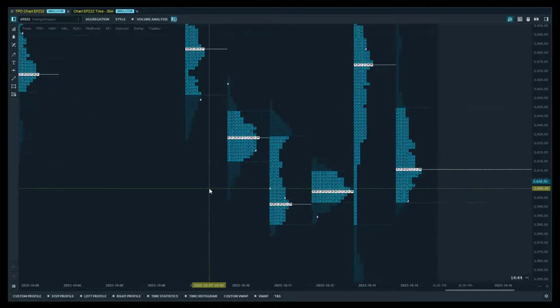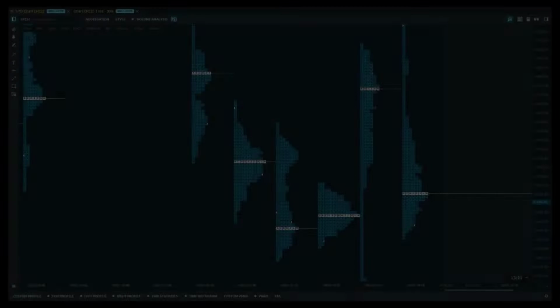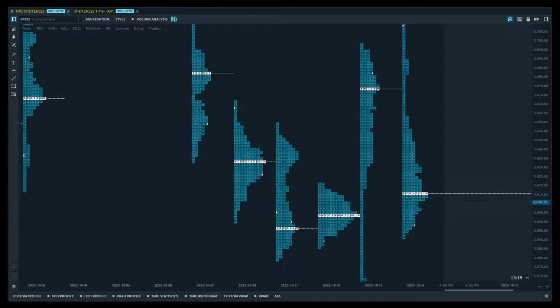So before we get into the day types, I'll talk about two important concepts here. The first is excess and the second is something called a poor low. These concepts are complete opposites of each other, and I'll explain why. So excess is formed on a profile when there are at least two TPO prints at the bottom or the top of the profile, as you can see here, here, here, and here.